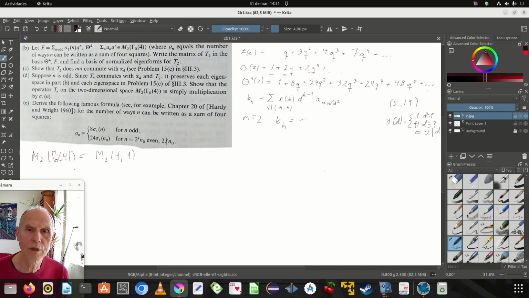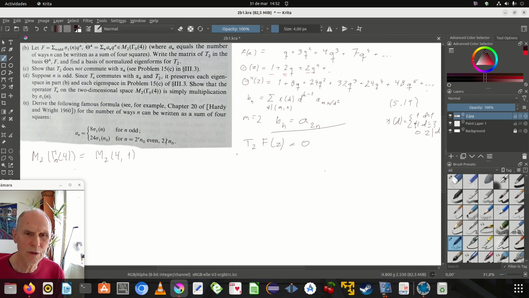Bn equals a to n. Well, that's as simple as that. And that means that T2 of f vanishes because the even coefficients vanish. They are here, here, here, and here, and here, etc. And now the theta function, should we do it on this guy?